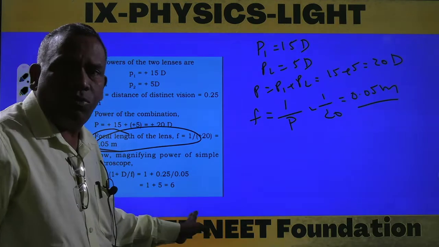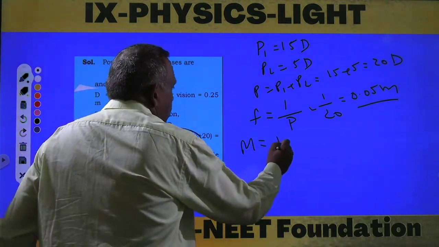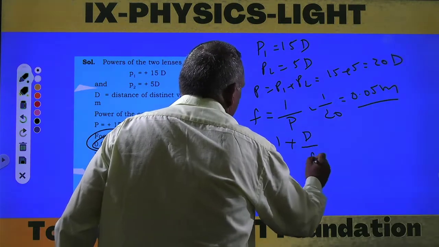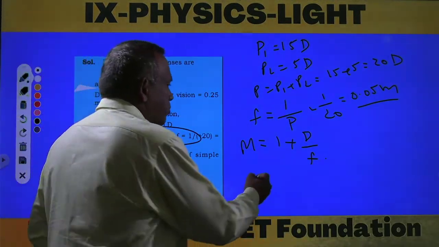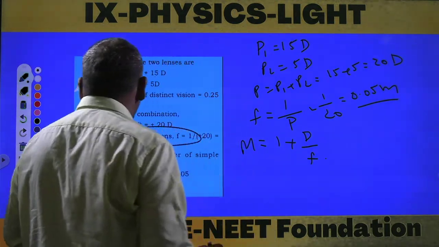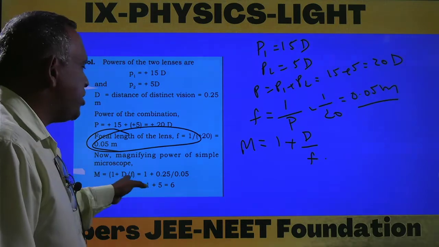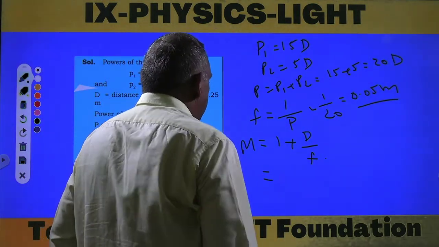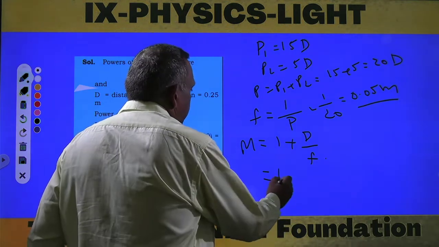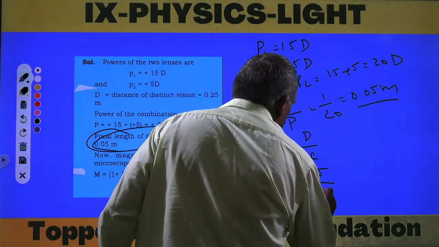Once you have the focal length, the magnification is nothing but 1 plus D by F. You have to find the magnifying power of the microscope. It is 1 plus D, where the D value is given as 25, and the focal length is 0.05.